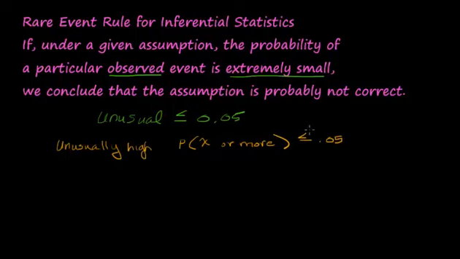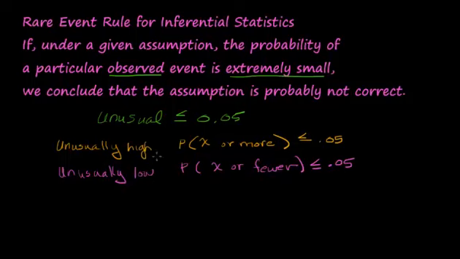And then we might say that it is unusually low if the probability of x or fewer is less than or equal to 0.05.